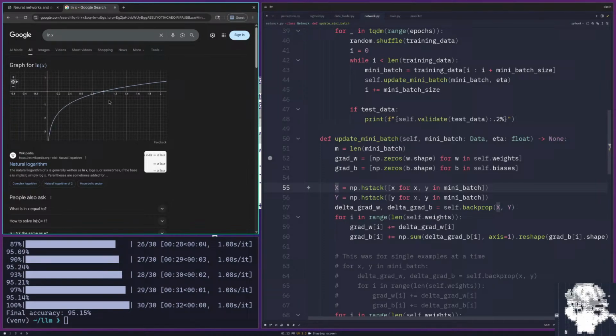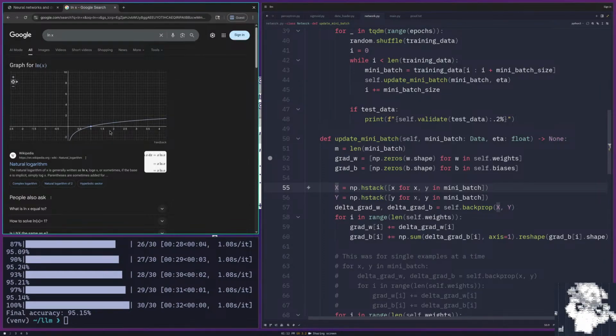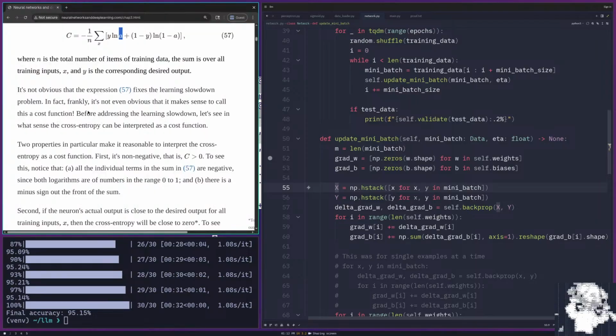It's negative less than 1, and it's positive greater than 1. I guess that means you can't even use cross-entropy if your neurons can output numbers that are negative, because this part would be undefined. Maybe it becomes defined when you do the whole thing somehow.